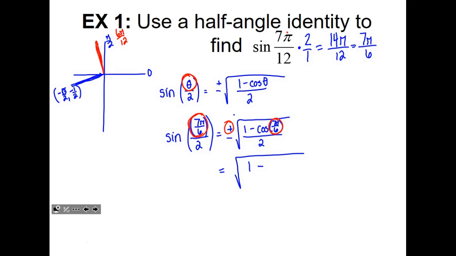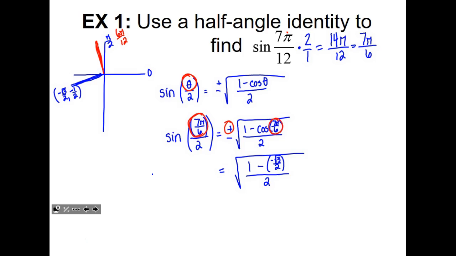Cosine is my x-coordinate, so this would be negative root 3 over 2, all over 2. Okay?